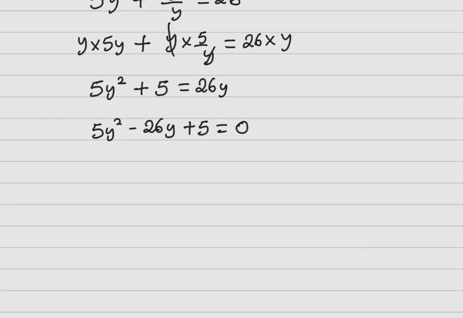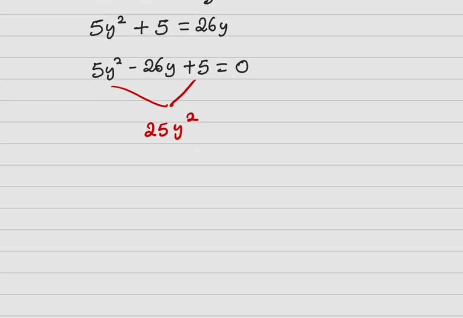Now, to work this out is a quadratic equation issue, so we multiply these extreme terms so that we are going to have 25y squared. Now, factors of 25y squared that will add up to minus 26. In this case, the factors are minus 25y and minus y.